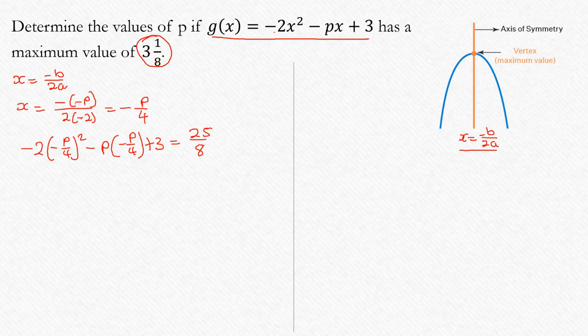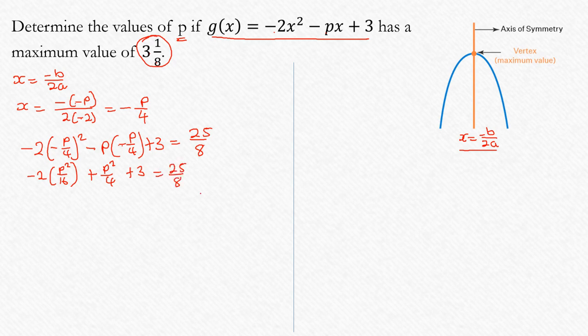Then we solve for p. We want the values of p. So this is negative 2 times p squared over 16. If we square a negative, it becomes positive. And negative times negative gives us a positive, so it's plus p squared over 4, plus 3, is equal to 25 over 8.